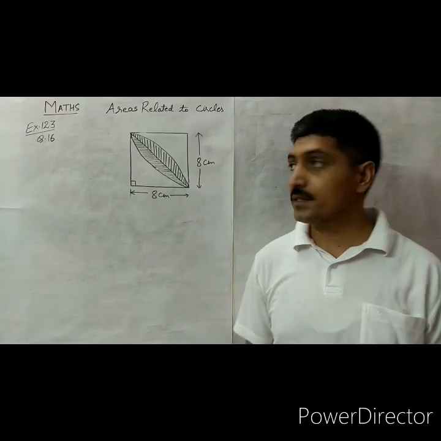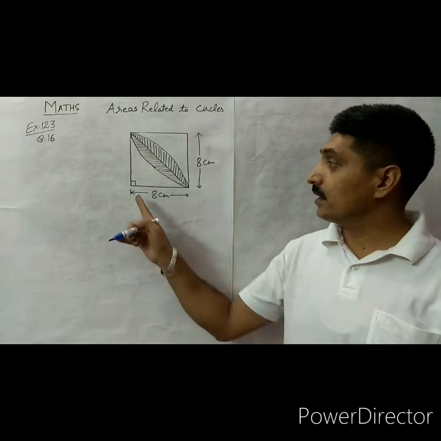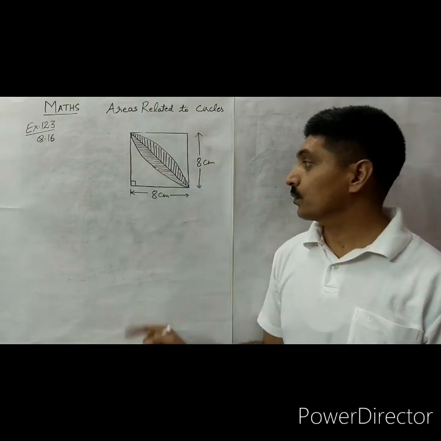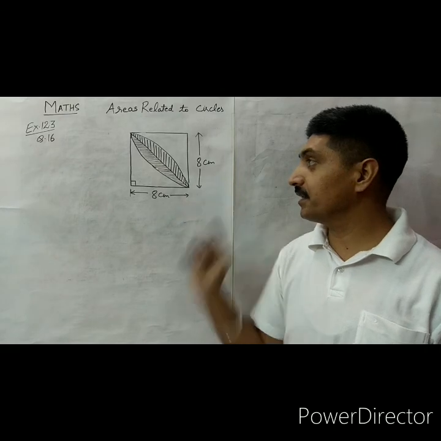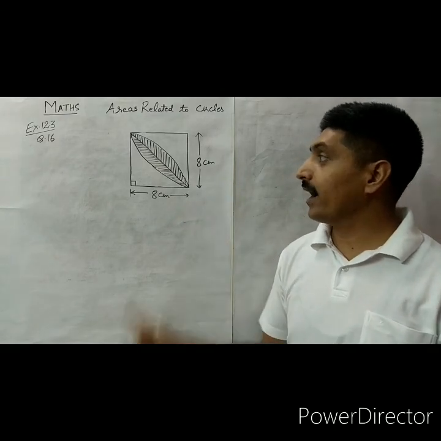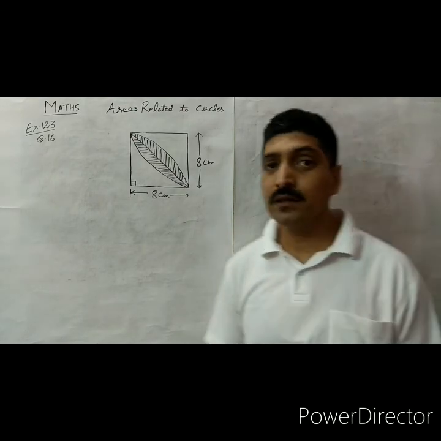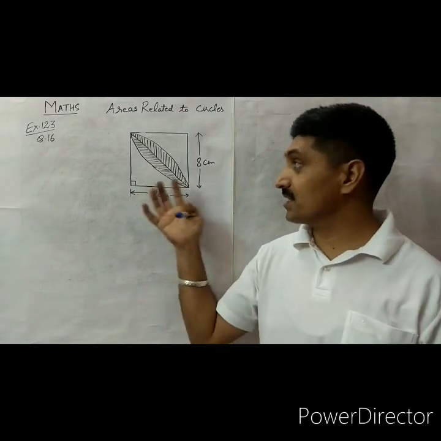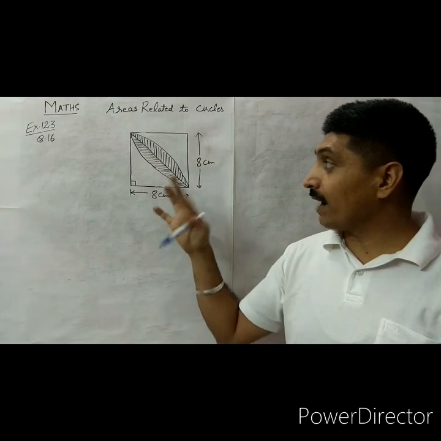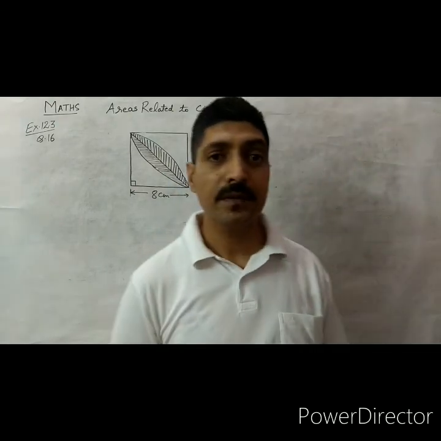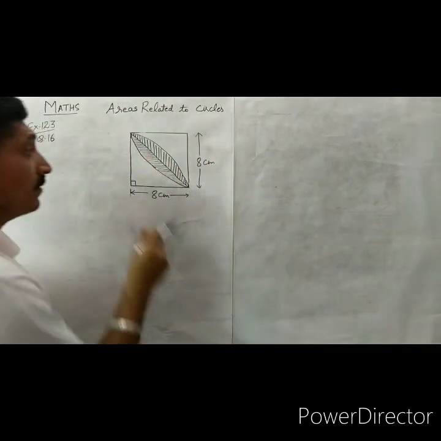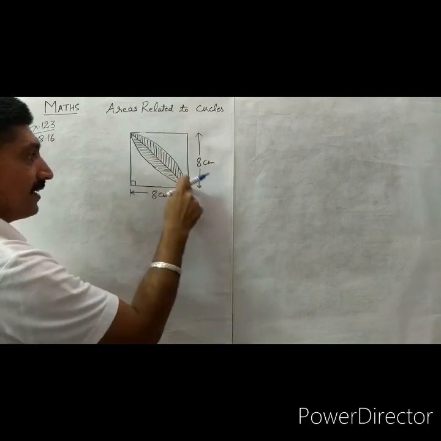Question number 16. Here a square is given with the side 8 centimeter and we have to find this shaded area. So here, dear students, this question is an easy one, but you have to understand the question. So here, this is the diagonal.